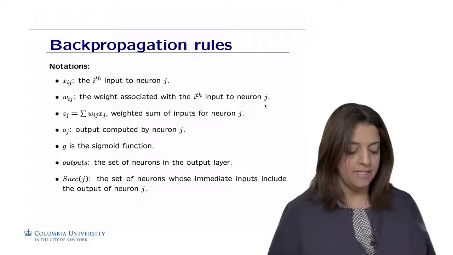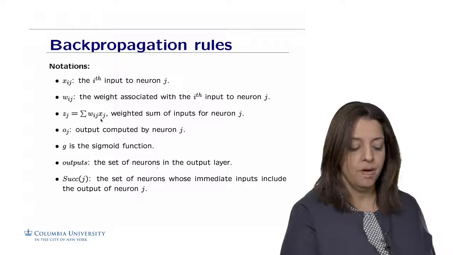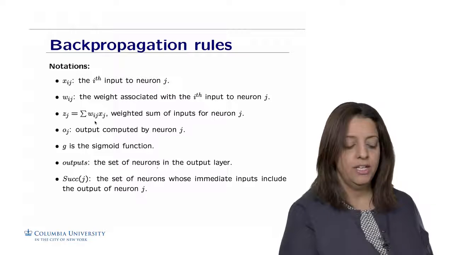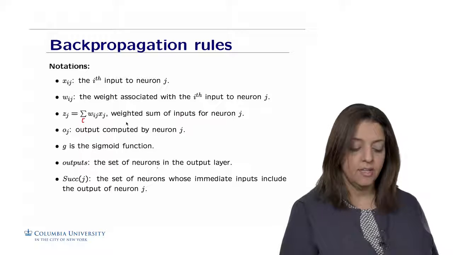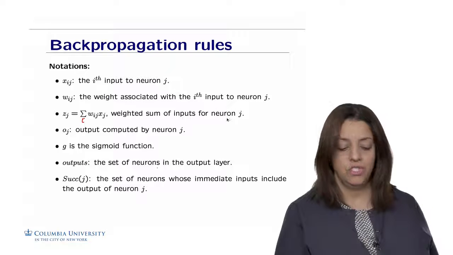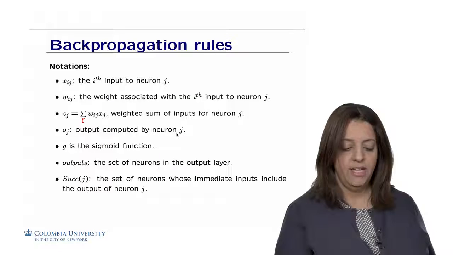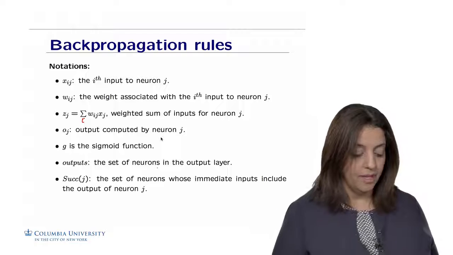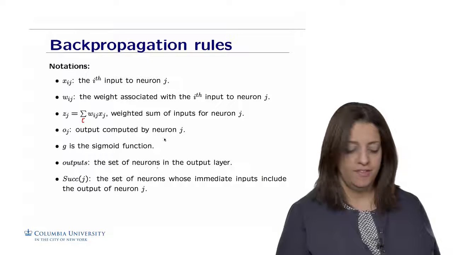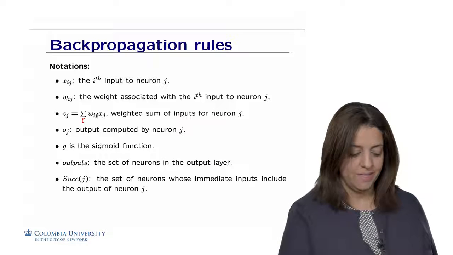We're going to call Zj the weighted sum of Xij times Wij for all i. This represents the weighted sum of the inputs for neuron j. Oj represents the output computed by neuron j. It could be at the end, or in the middle in the hidden layers. G is the sigmoid function we defined earlier to squash the weighted sum.